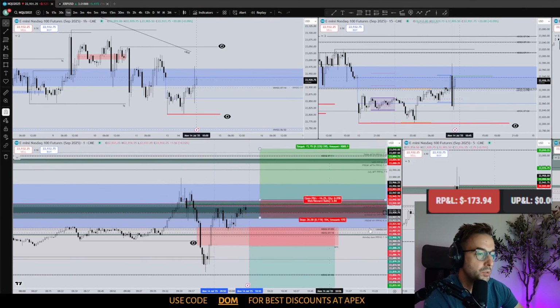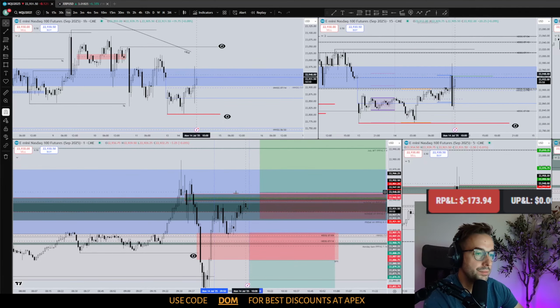You can see price here is really struggling around these levels here. It finally touched today's first presentation, right? But again, there's nothing meaningful right now.